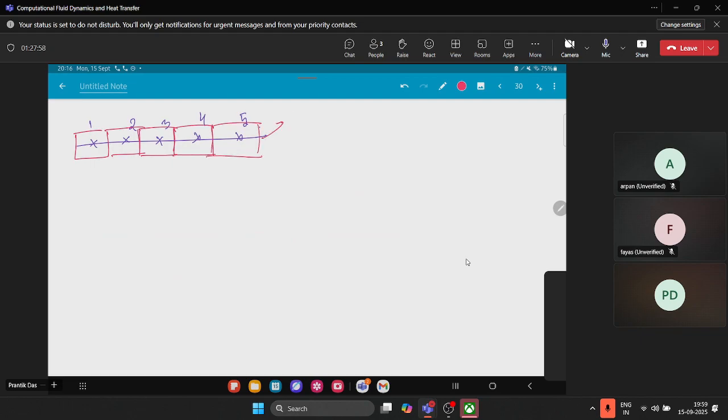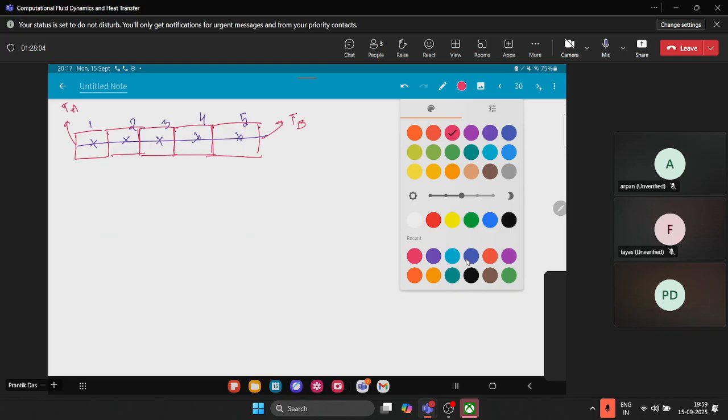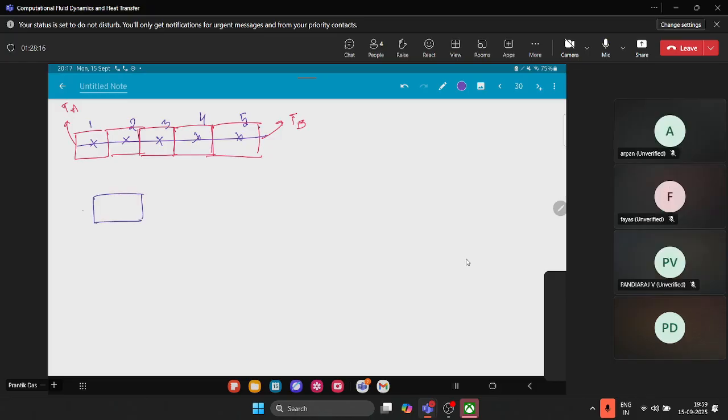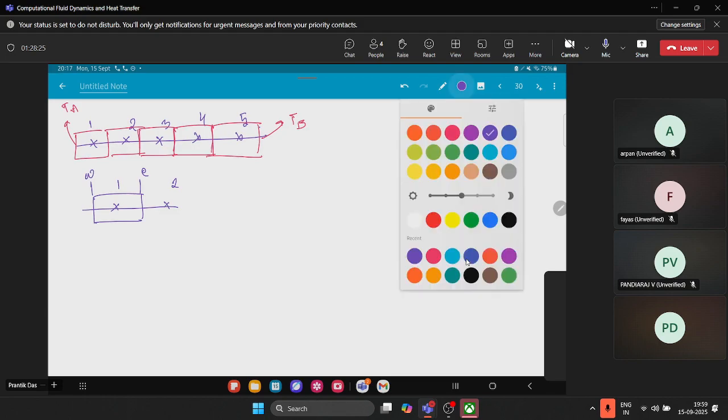This is TB and this is TA. T and TB are the values of the temperature at the boundaries, at point A and point B. So now, first I will go to the first cell, which is this cell itself, and this is E, this is P, and this is W. Okay, so let me write out the equation.